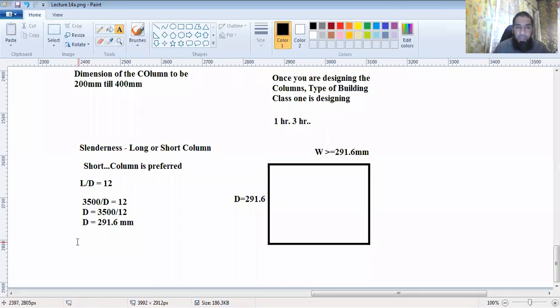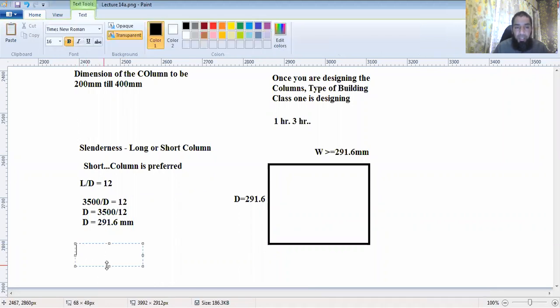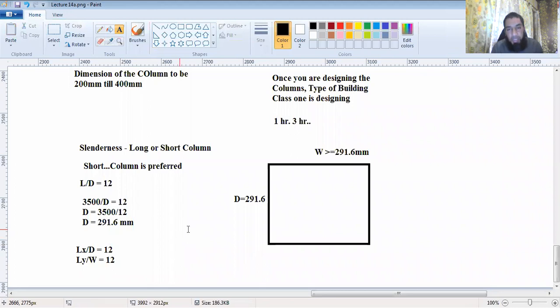Then you also have to check whether you're taking the slenderness in both the directions, which I told you last time. Lx by D would be one slenderness, and Ly by W would be another slenderness. So you would have to check the dimensions in both the directions if you want to implement this method.